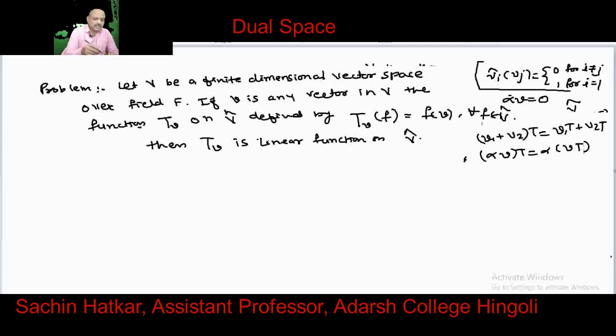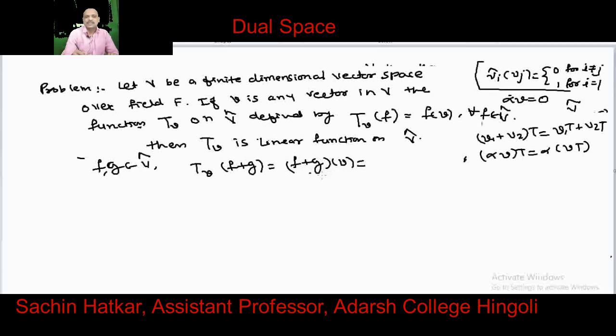Now, let us take any two elements F, G belonging to V cap. Then we can see that T suffix V of F plus G equals F plus G of V, but these are linear functionals. It already satisfies the conditions of a vector space.